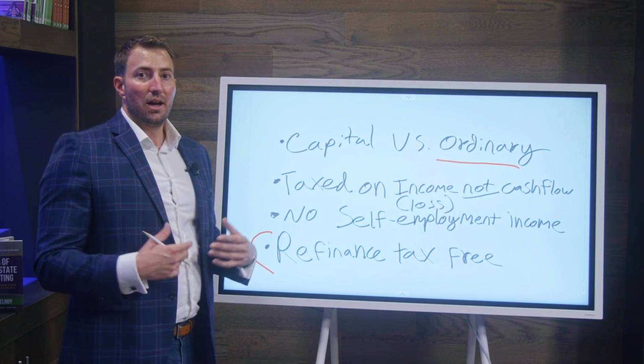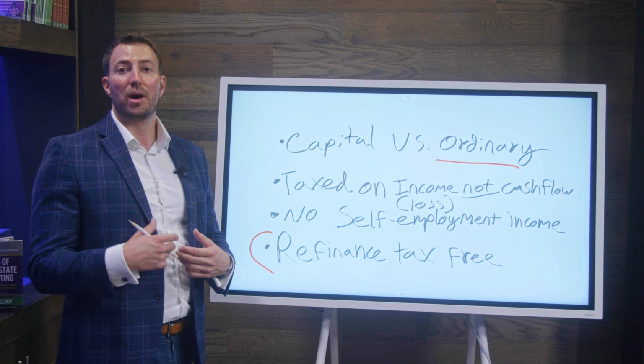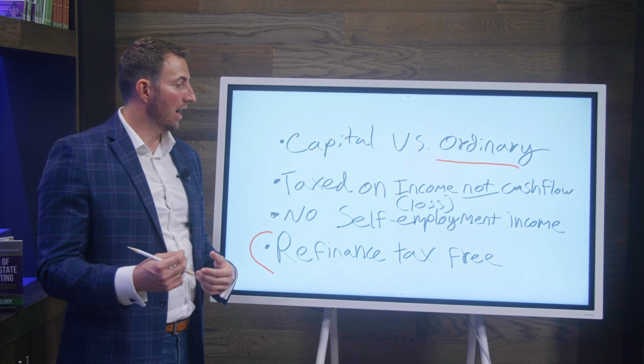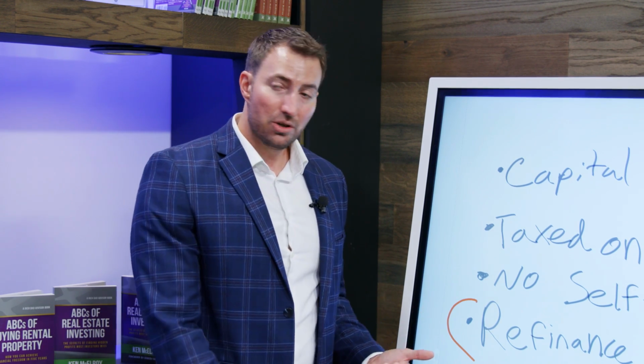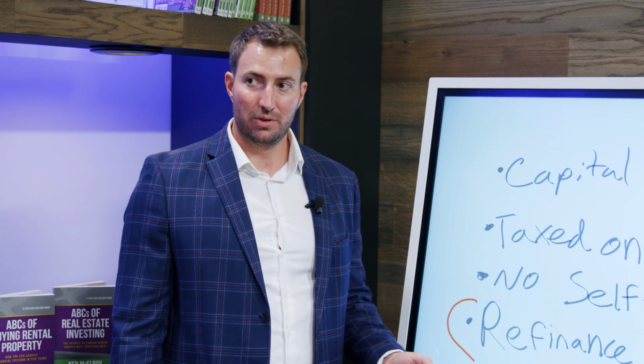If you're an employee, this is the part where the employer's paying half and you're having half deducted from your paycheck. Most wage income is subject to self-employment tax, but there's a specific exemption for rental real estate. So if you're generating a significant portion of your income from rental real estate, you're likely not paying self-employment income tax.